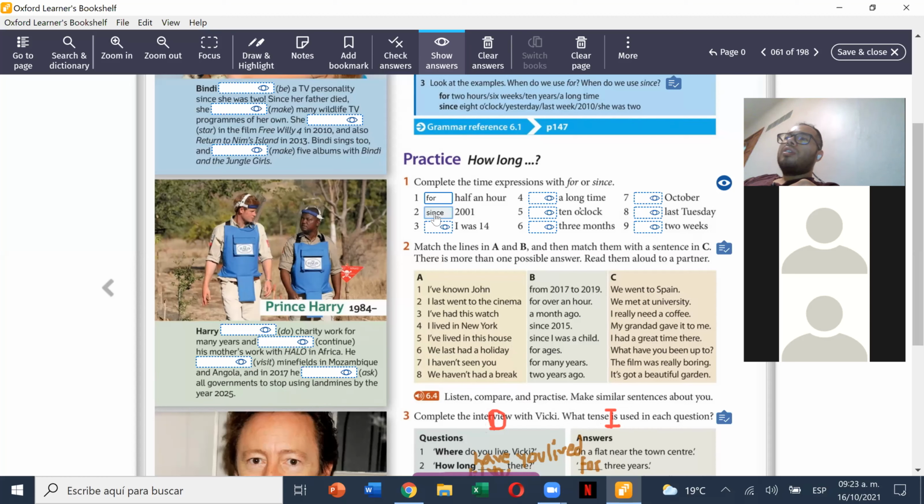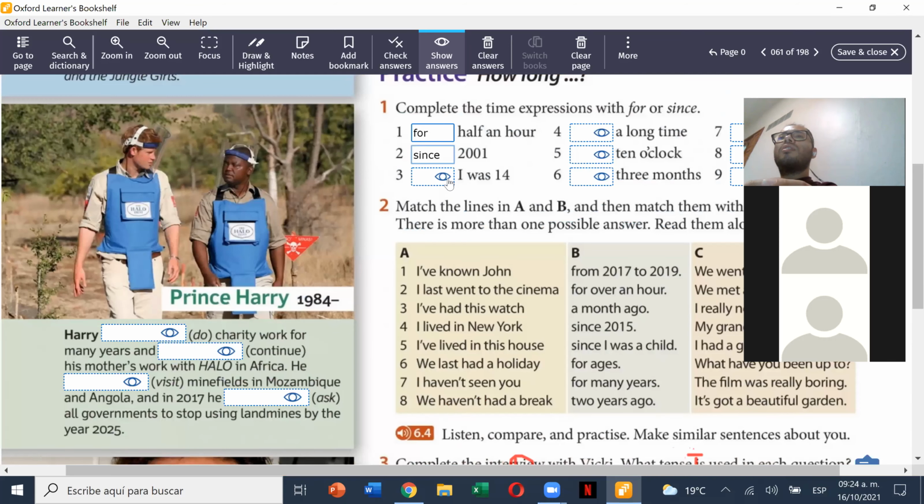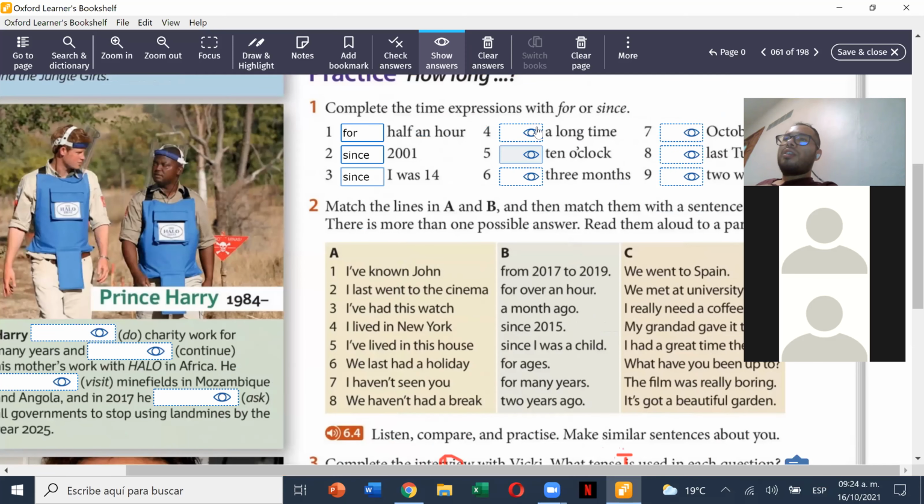Since. Actually, it sounds much better, since, rather than for. For I was 14 or since I was 14, which sounds better? Since, exactly. Since I was 14, since I was 10, etc.